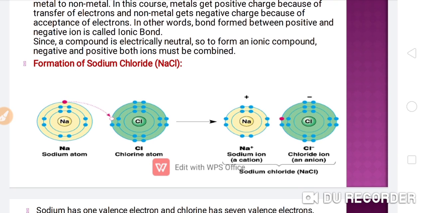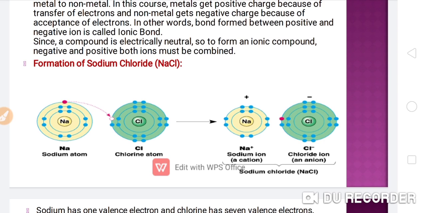Now formation of sodium chloride. Here you can see the first shell of sodium has 2 electrons, the second shell has 8 electrons, and the last shell has 1 electron. So to get stability, to complete its octet, sodium can lose its 1 electron, okay.